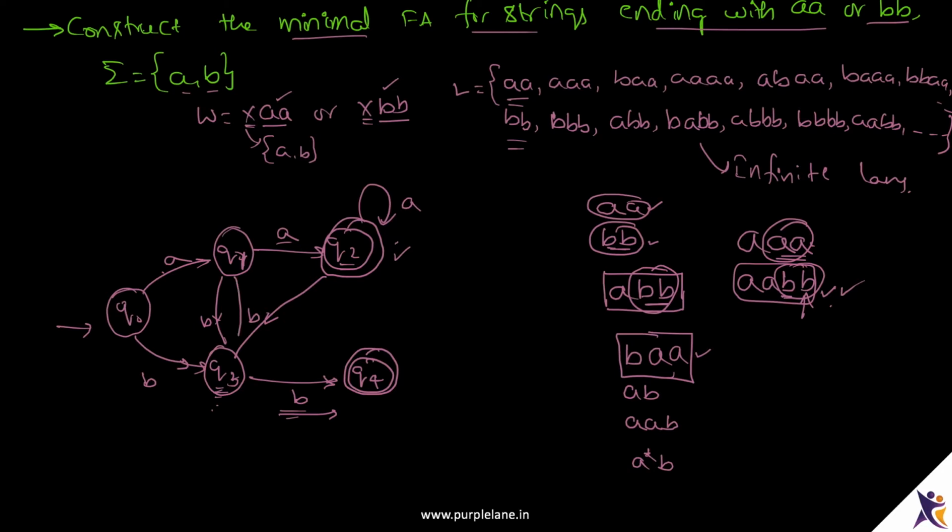That type of state is Q1. So we will have one transition from Q3 over A to Q1.